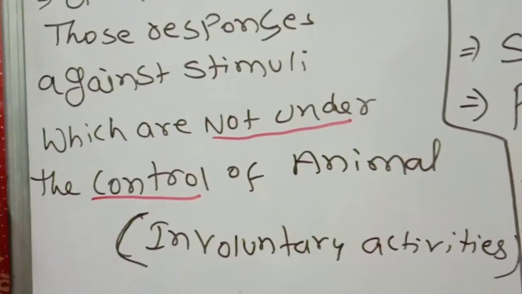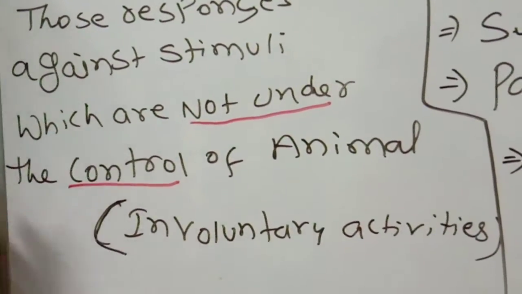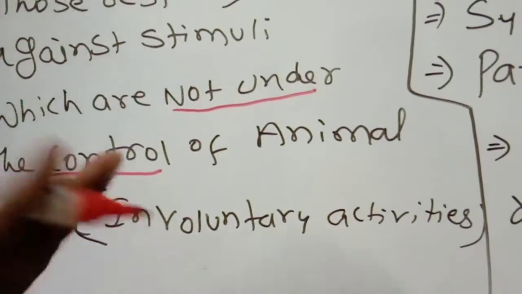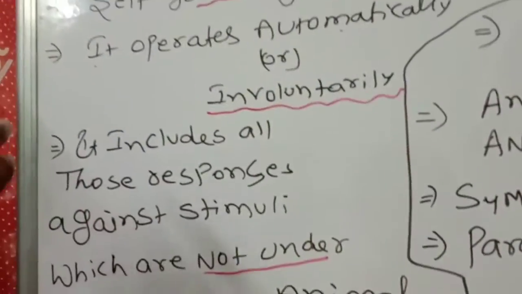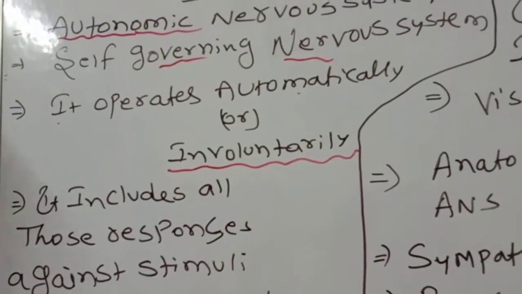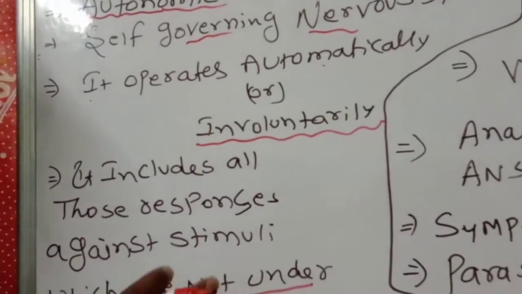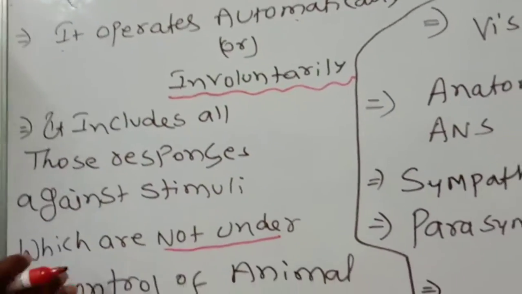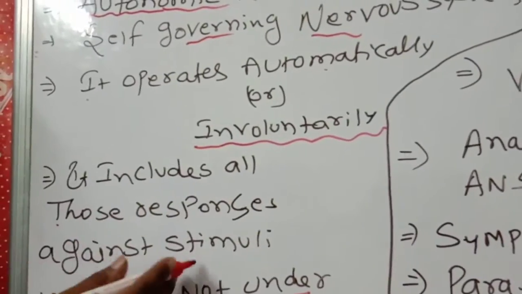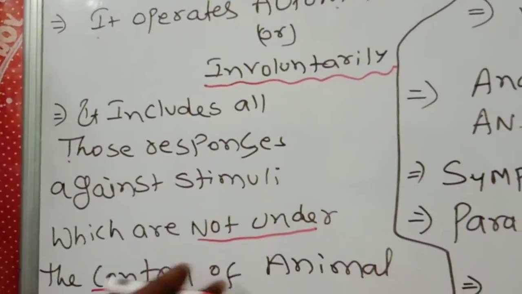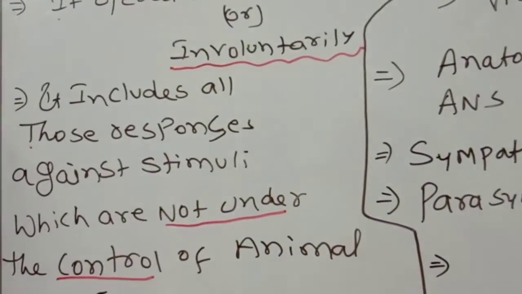Suppose heartbeat is there. Heartbeat is not under the control of the animal. It is self-functioning, so heartbeat is under control of the ANS. Pancreas secretions and stopping of secretion are not under the control of the animal, so they are under control of the ANS.